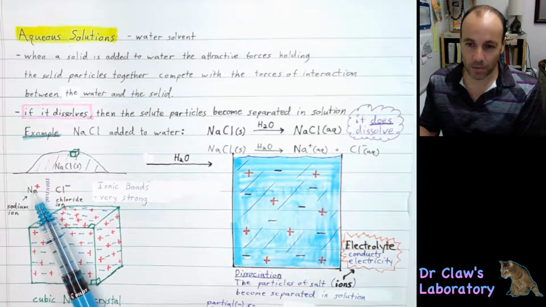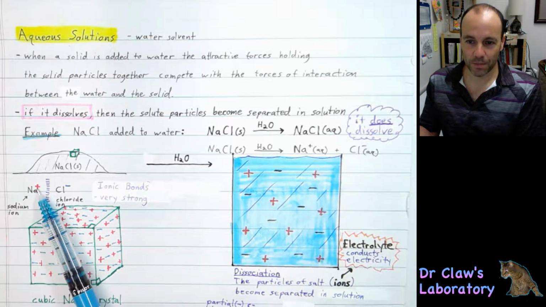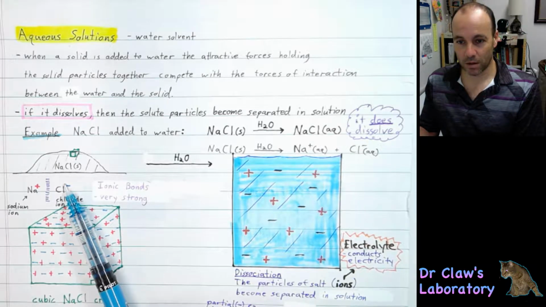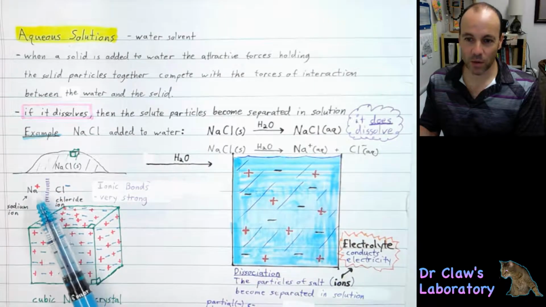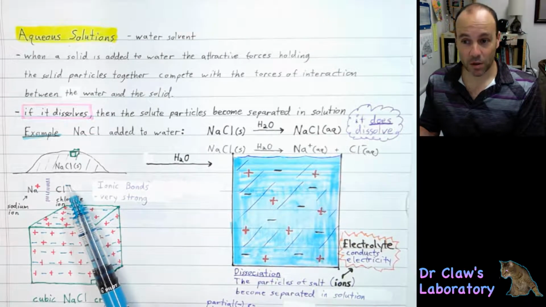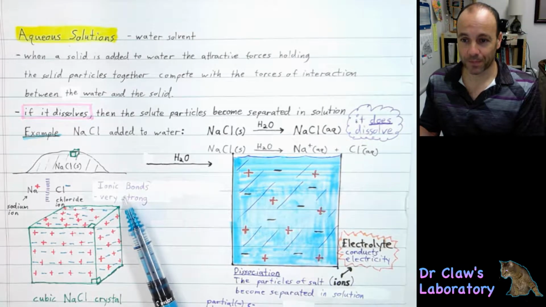You see, sodium having a plus charge is missing an electron, and the chloride has an extra electron. And so the interaction between a positive ion and a negative ion is that of opposite charges. It's an electrostatic interaction, and it's very strong.